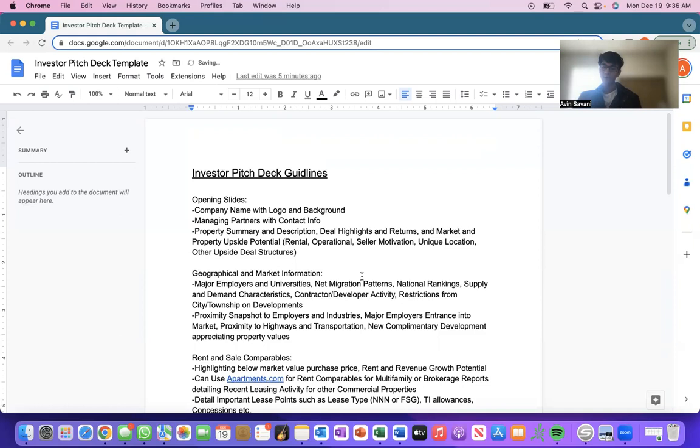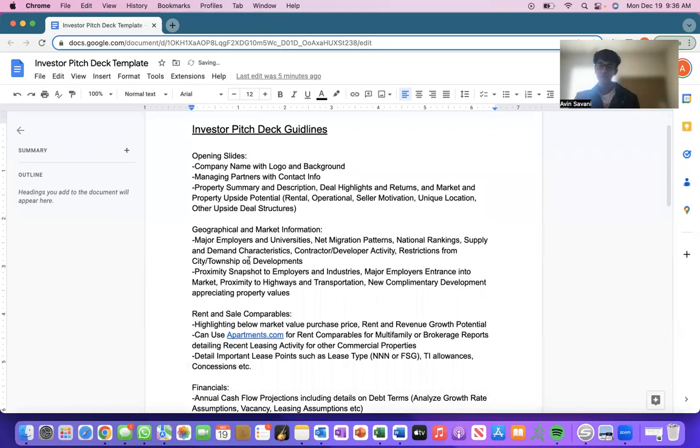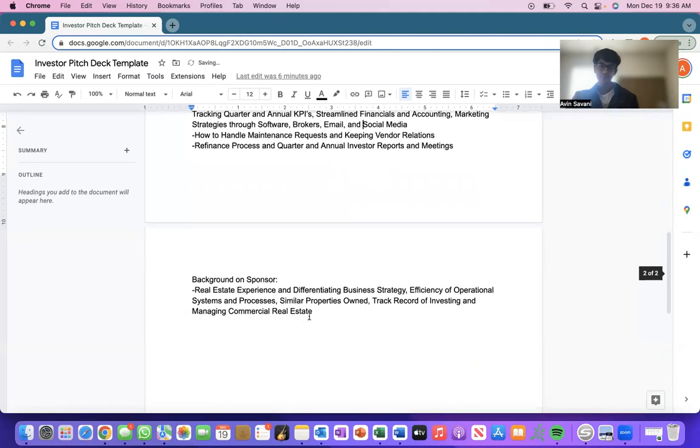So I would recommend starting it off. You don't have to finish it. You can just do the first few slides, like the market overview and the opening slides. And then let's say you start to meet with your attorney to draft the PSA and you send the PSA, then I would start to go deeper into it, right?